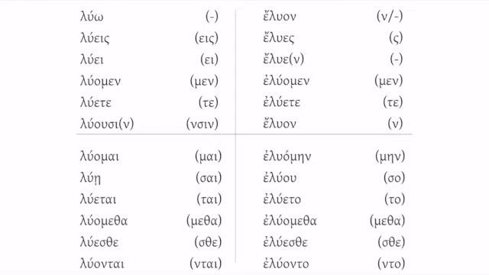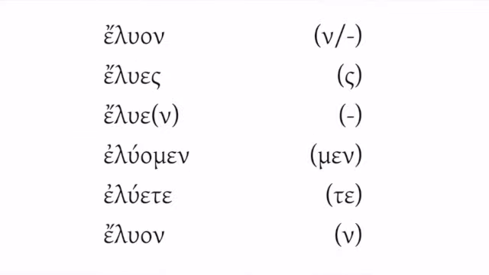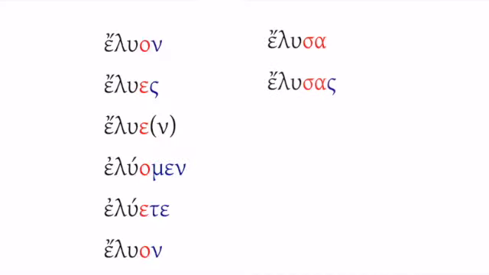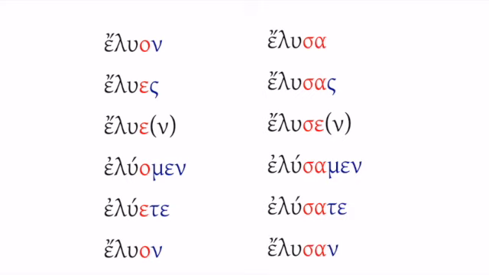The aorist is going to look very similar to the imperfect. Our active form is going to be based off the imperfect active endings. With the first aorist, instead of the connecting vowel, we're going to get the tense formative sigma alpha. So our imperfect eluon, elues, eluen, eluomen, eluete, eluon, with our aorist becomes elusa, elusas, elusen, elusamen, elusate, elusan.